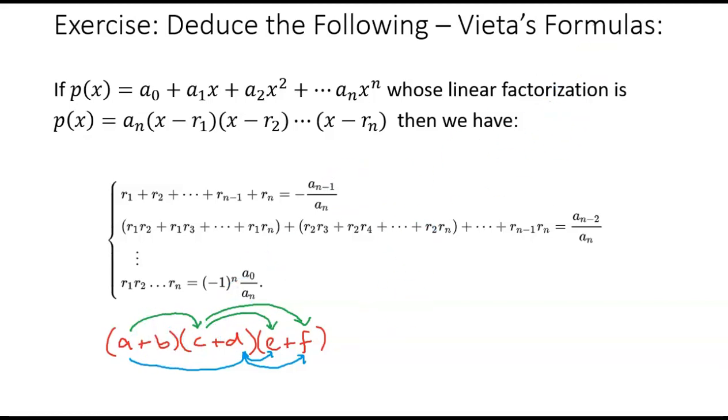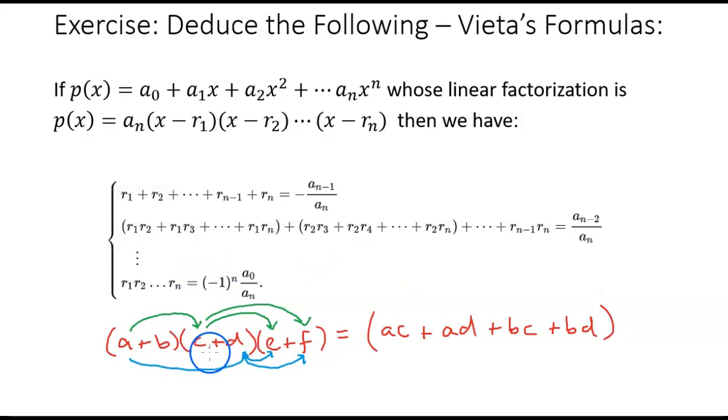If you don't believe me, we can expand it out first. So let's do the a plus b times the c plus d first. So that's going to be a times c plus a times d. So we've done the a's first, and then plus b times c plus b times d. So that's just from the definition of multiplication, really.